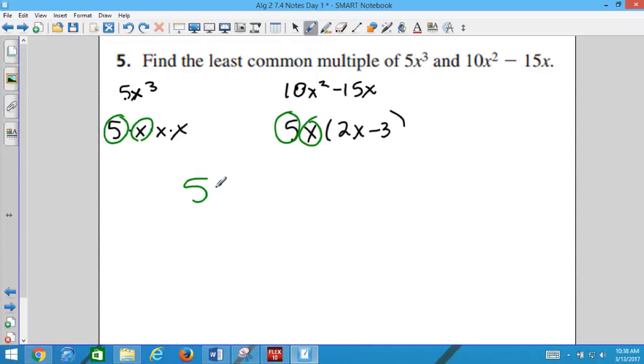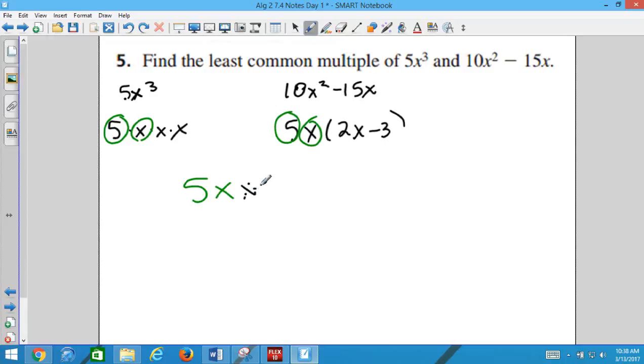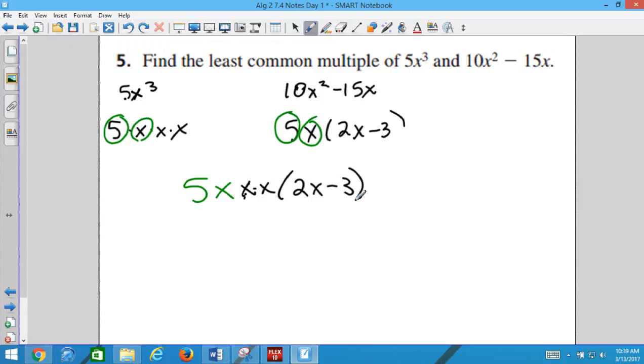That's part of the LCM. But you only write it once. What is the other stuff? x squared, parentheses, 2x. So then our LCM is 5x to the third, parenthesis, 2x minus 3.